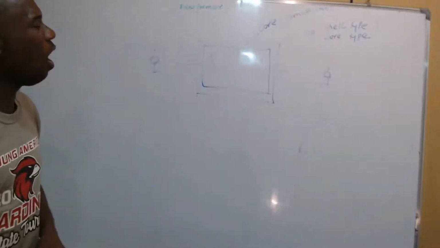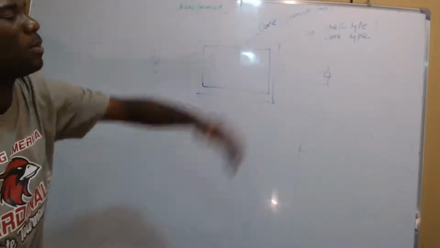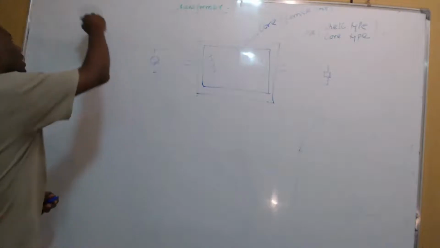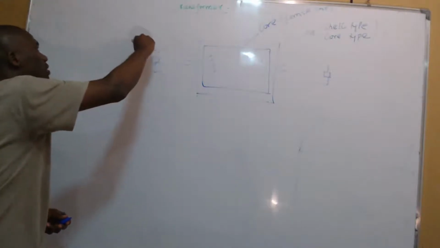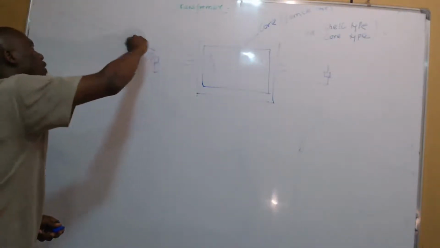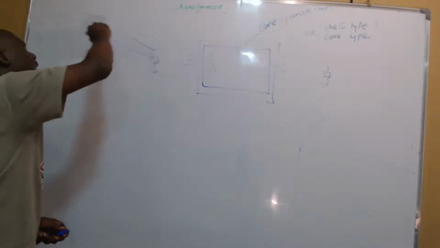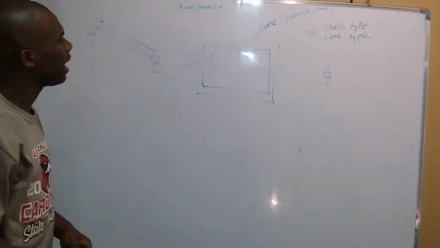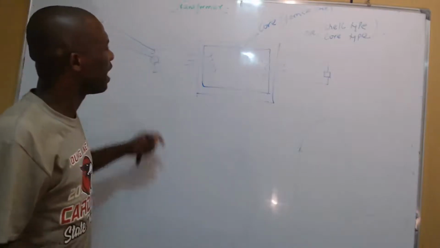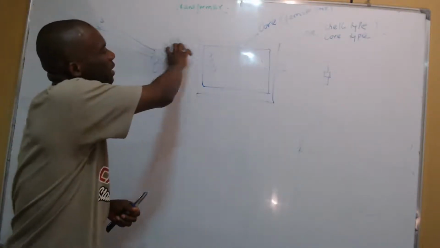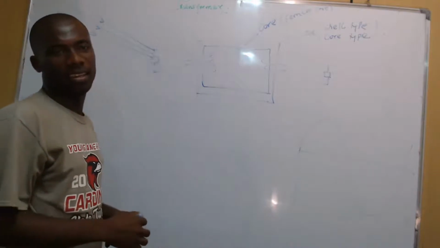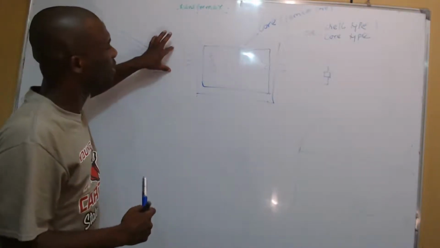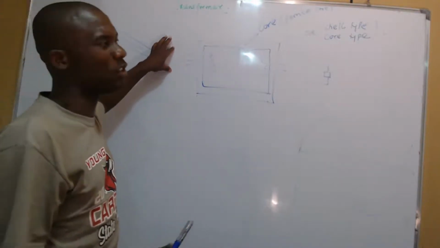Once the AC supply comes from the transmission system, which is either a 33 kV line or a 330 kV line, it comes here. It energizes the coil. The coil of the transformer is this, or we call it the winding of the transformer.